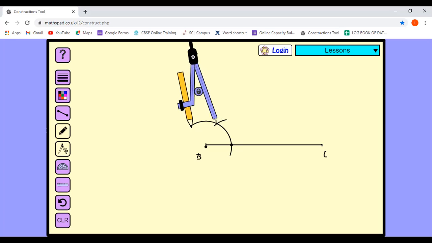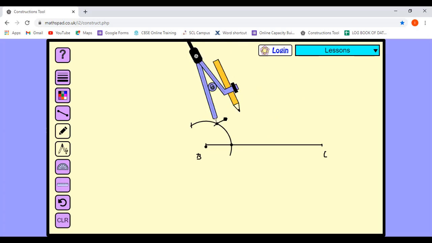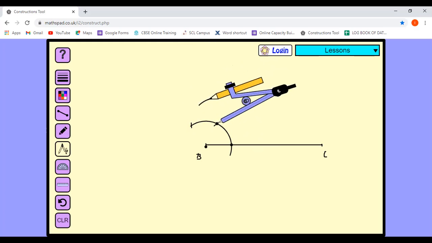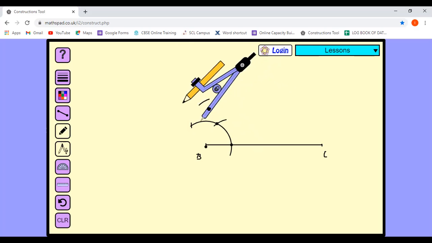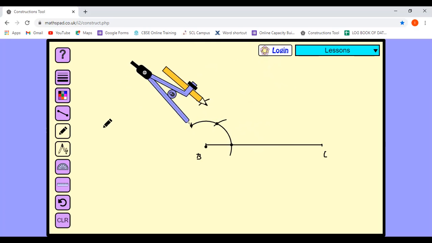We're going to cut it to make 120 degree with the same radius. Let's draw an arc and again from the 120, let us cut the previous arc.